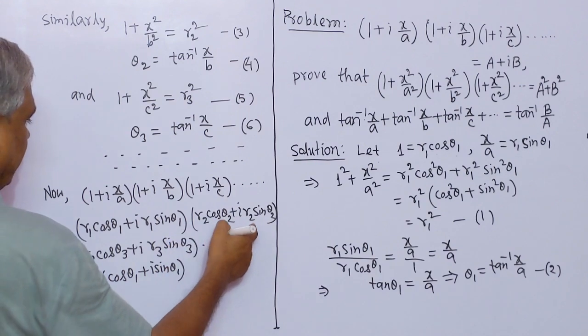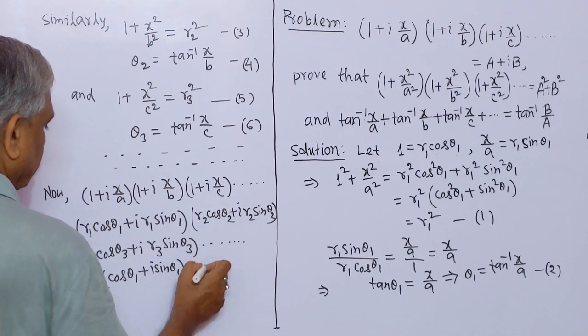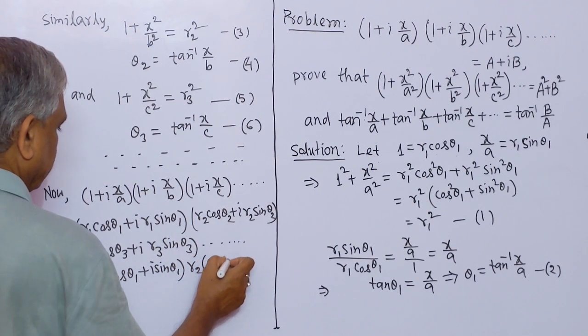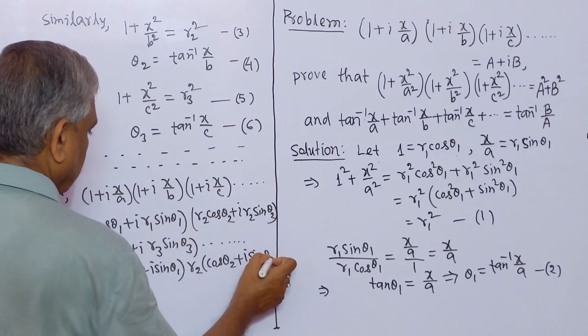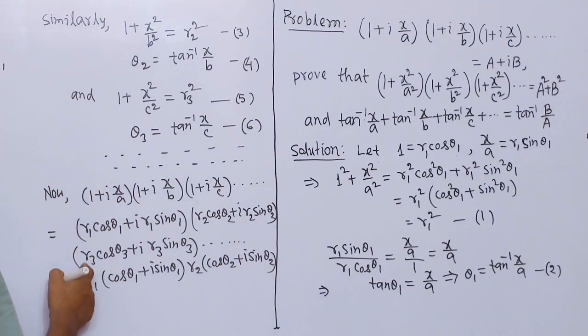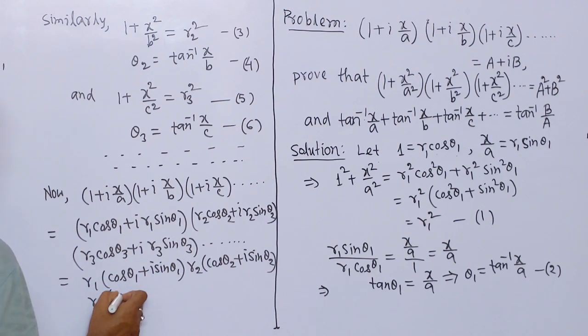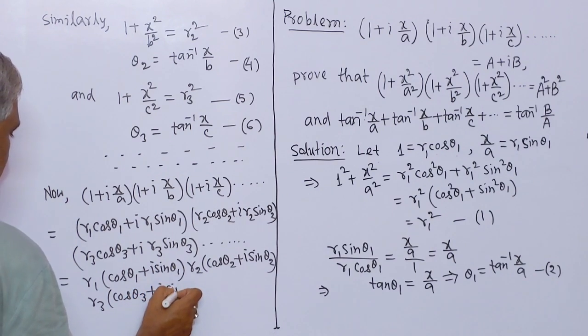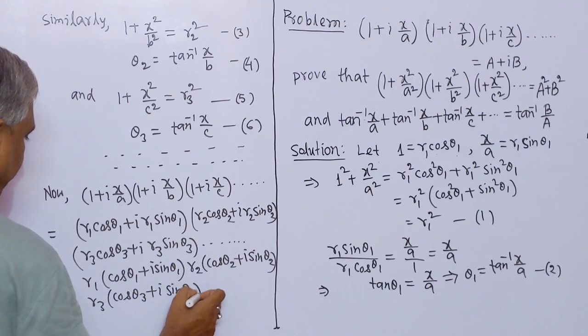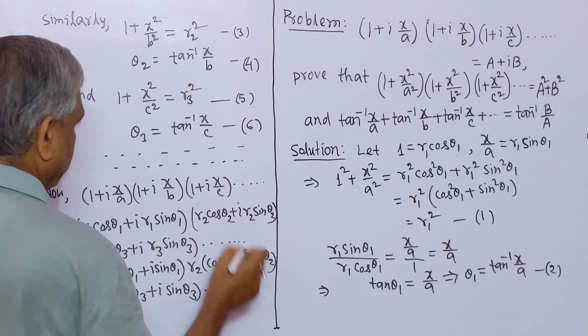Here we take common r2 (cos theta 2 + i sin theta 2). Here we take common r3 (cos theta 3 + i sin theta 3) and multiply dot dot dot.